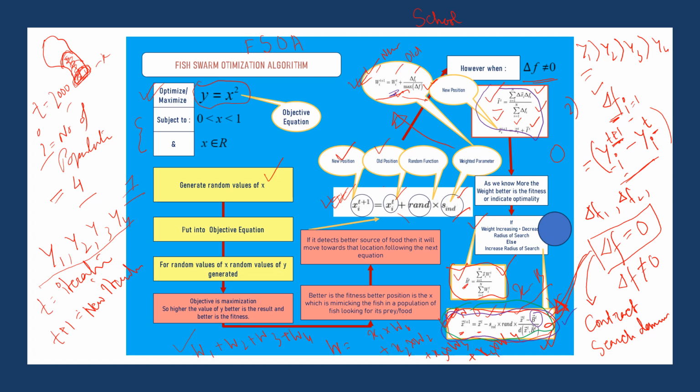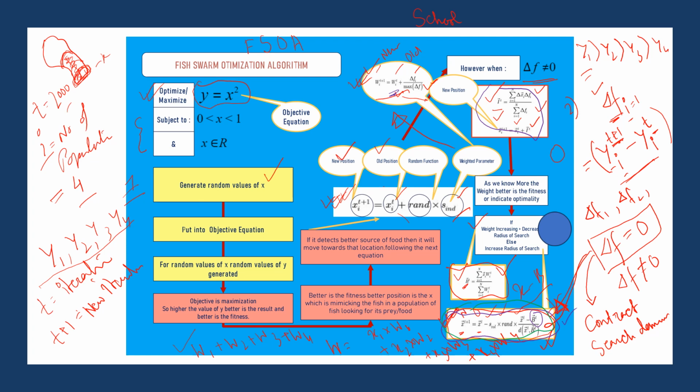You add it, place it into the numerator, summation of xi into wi, i equal to 1 to I, divided by the summation of all the w of each of the population, that is wi summation, i equal to 1 to I.